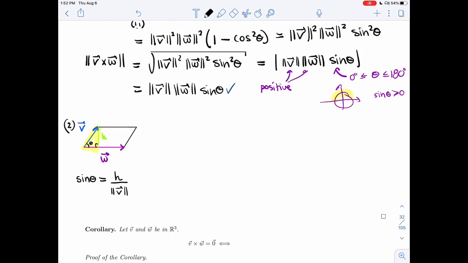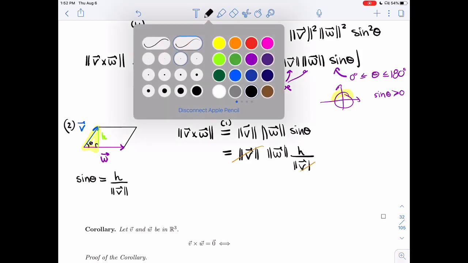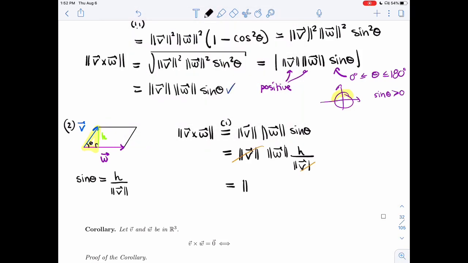All right, so let's get back to this length of v cross w. We just proved in part 1 that that was length of v, length of w, sine theta. Now I'm going to replace sine theta by h over the length of v. So I get length of v, length of w, h over the length of v. The lengths of v cancel, and I get length of w times h.